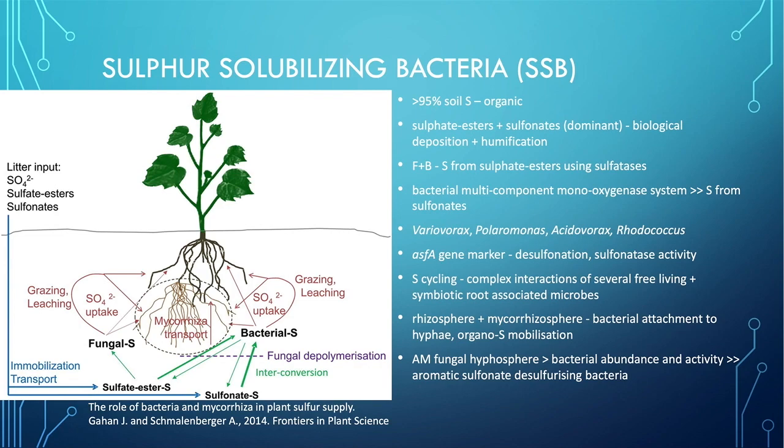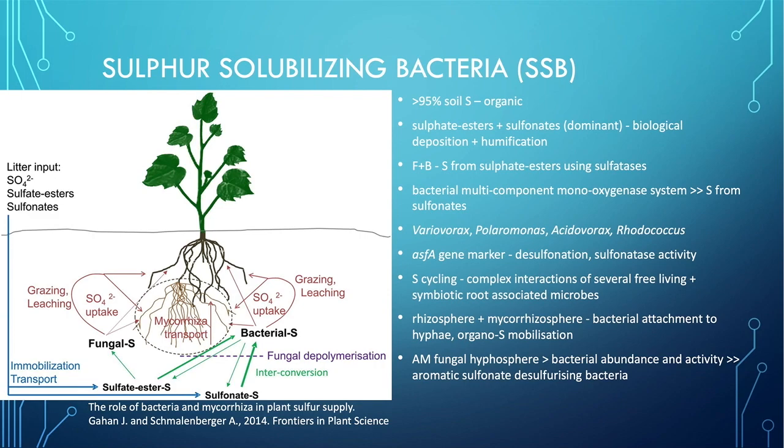Sulfur cycling is a complex interaction of several free-living and symbiotic root-associated microbes. That's why it's a very complex process. One organism will modulate the sulfur compound in a particular way, and then that has to be further modulated by other microbes. In the rhizosphere and mycorrhizae, bacterial attachment to hyphae allows organosulfur mobilization.